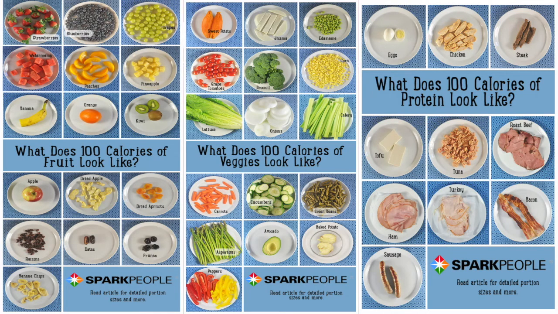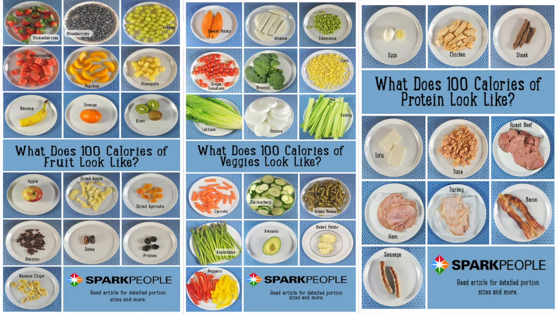So let's take a look at what 100 calories of different foods look like. So keep in mind, for fruit, vegetables, and protein, what you are looking at is approximately 25 grams of that individual food.